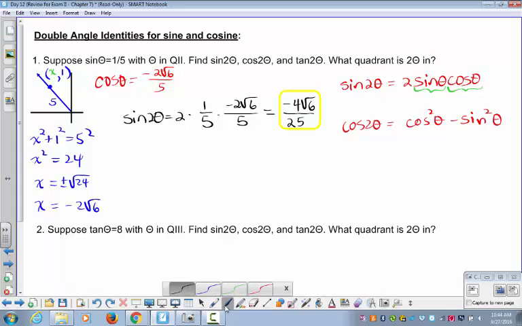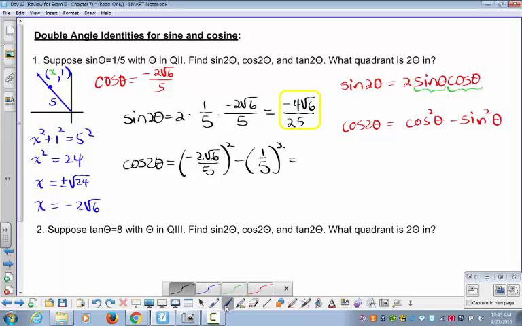Cosine of 2 theta is cosine squared minus sine squared, so we're going to take cosine squared and then subtract off sine squared. In that first fraction, we have to square everything.